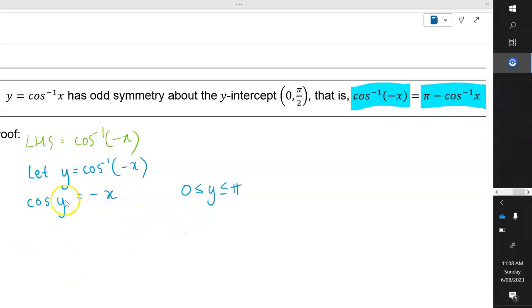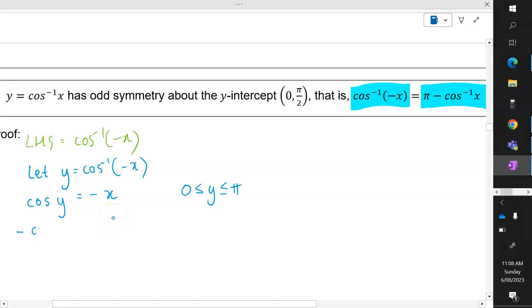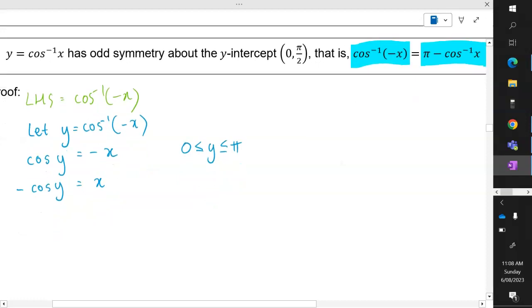Okay, so if I divide both sides of my equation now by minus 1, I'm going to get minus cos of y is equal to x. And I'm just going to write that as x is equal to minus cos of y, because that's how I like to write it. You don't need to write it like that if you don't want to. This is what I've got.